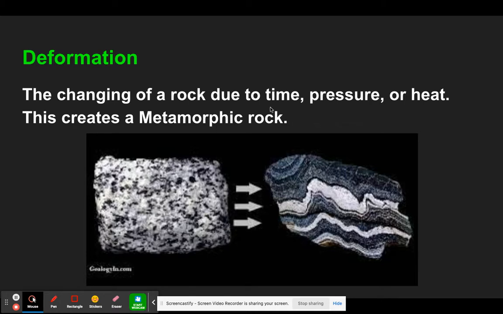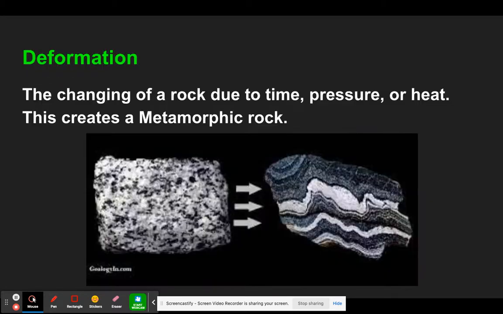So when time and pressure and heat all add up to squish, let's say in this case, an igneous rock into something else, a metamorphic rock, that process, like if I could label these arrows, I would. That process is called deformation. So whenever you get one rock changing into a metamorphic rock, it's deformation.